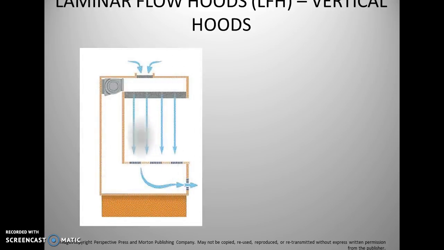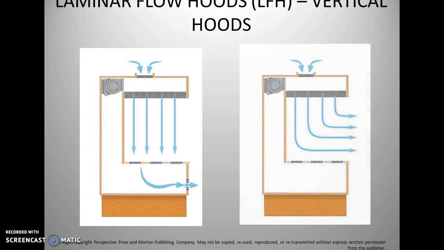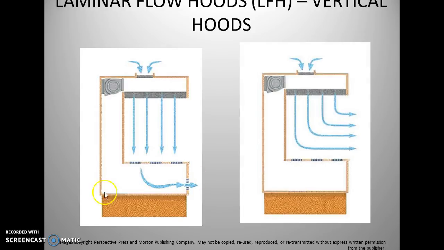Okay, here is a picture of a different type of hood, called a vertical hood. You notice that instead of the air coming in from here, it comes from the top, goes down, then out the bottom. This is called a vertical. Or if it is not this particular location here, it is pumped in here.